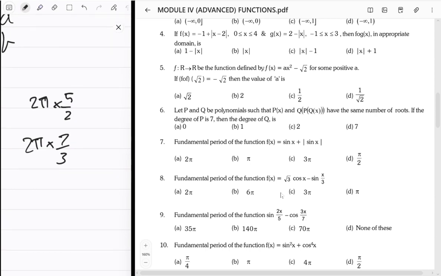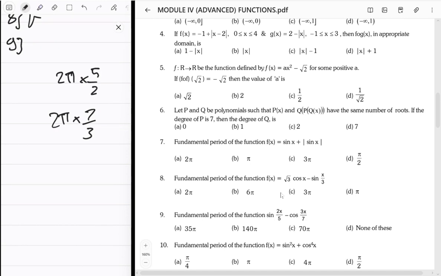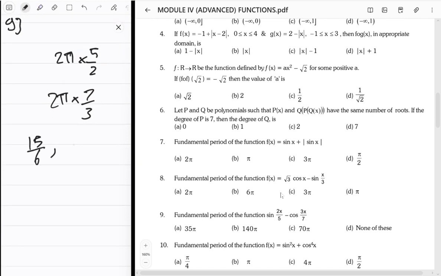Probably multiply by 6 to make these integers. LCM of these guys, that's a weird question. LCM of 5 upon 2 and 7 upon 3. You have to make the denominators common, so you get 15 upon 6 and 14 upon 6.